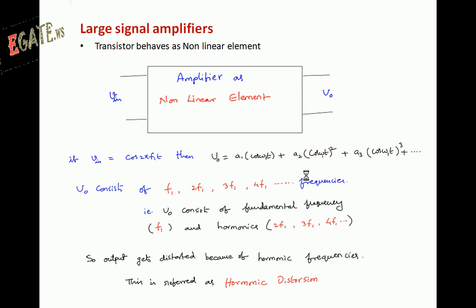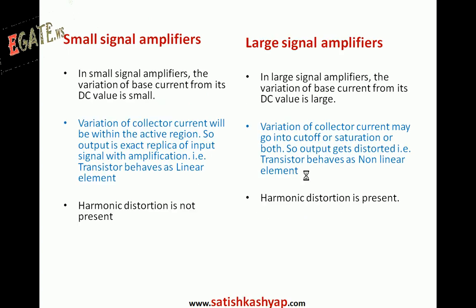So in large signal amplifier output gets distorted because of harmonic frequencies. This is referred to as harmonic distortion. So apart from the previous differences, the other difference is that harmonic distortion is present in large signal amplifiers, whereas harmonic distortion is not present in small signal amplifiers.